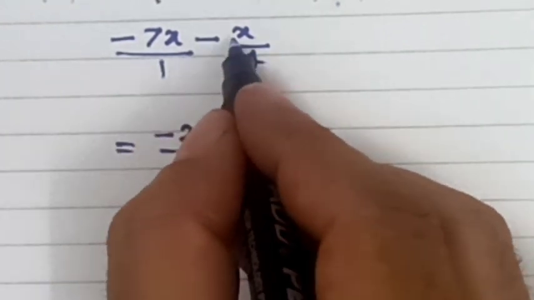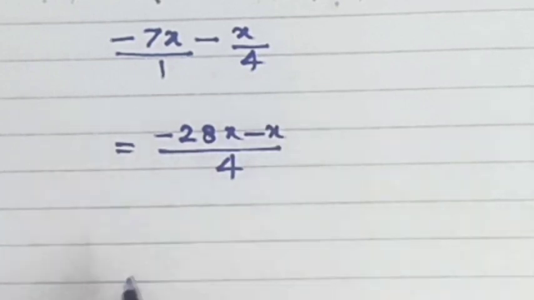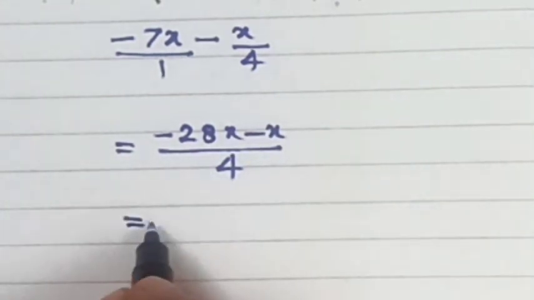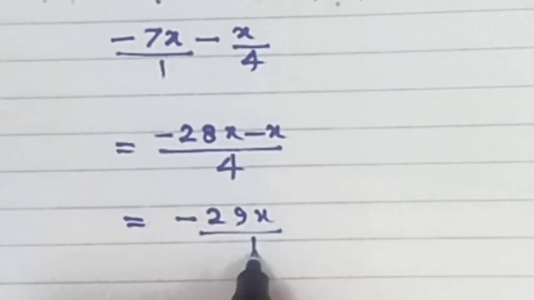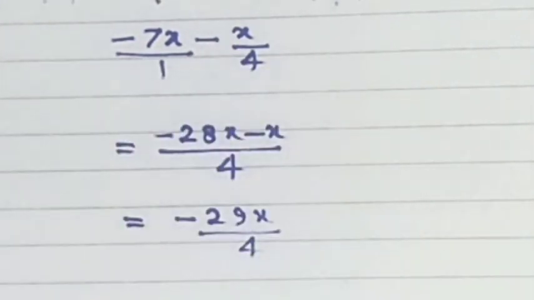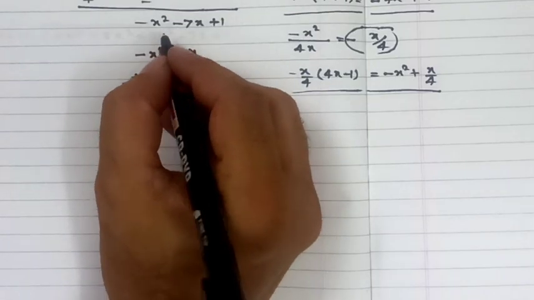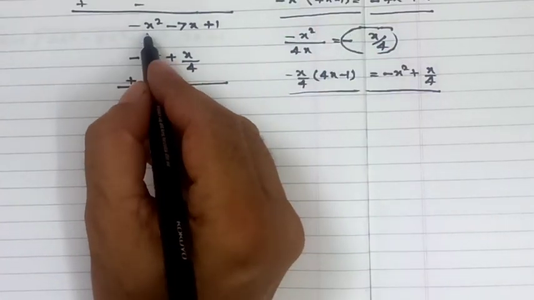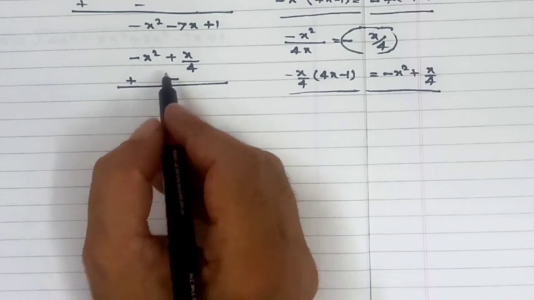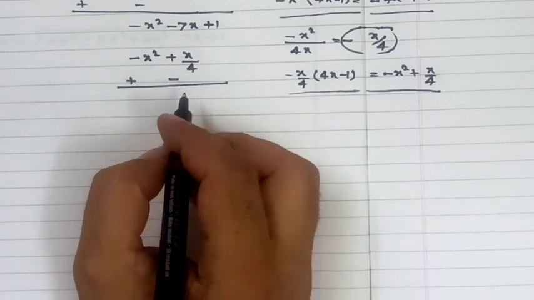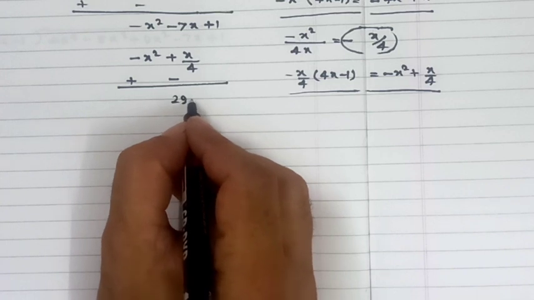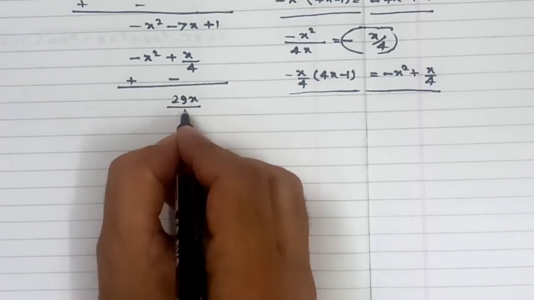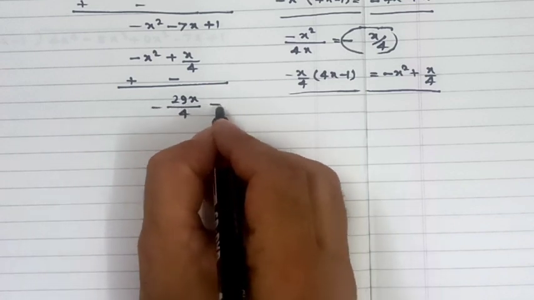Then 1 when you multiply with this minus x, you will get minus x, and that will give you minus 29x upon 4. So when you subtract, you will get minus 29x upon 4. So minus x square plus x square gives you 0, and here you are getting minus 29x upon 4 with minus sign and plus 1.